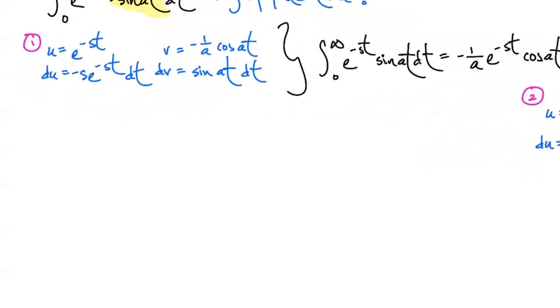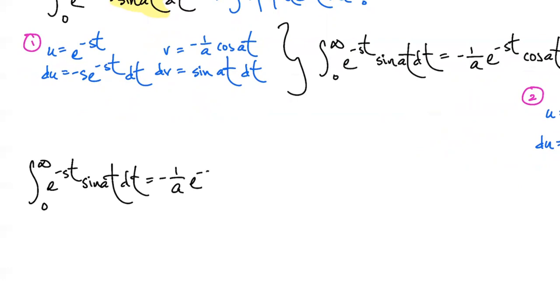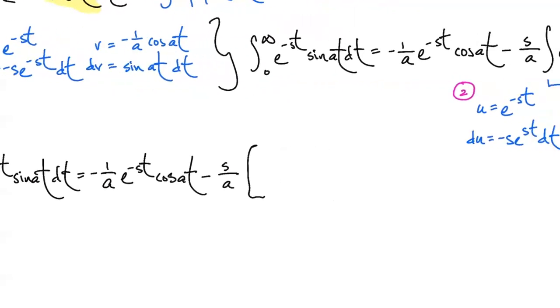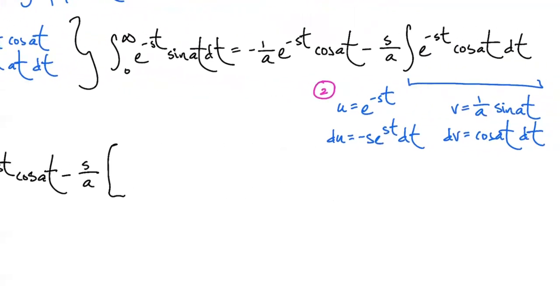So we've got the original question, integral from 0 to infinity of e to the negative st sine of at dt equals the first part we saw, negative 1 over a e to the negative st cosine of at minus s over a. Okay, so we've set up everything else we need to write. We're going to open up some square brackets, and inside of that, we'll put our new integration by parts that we have from this pink number 2 over here.